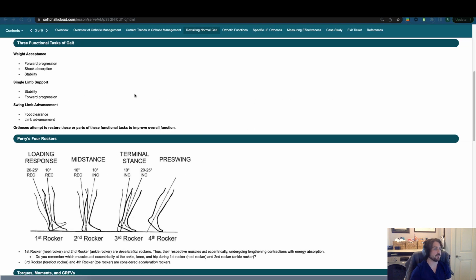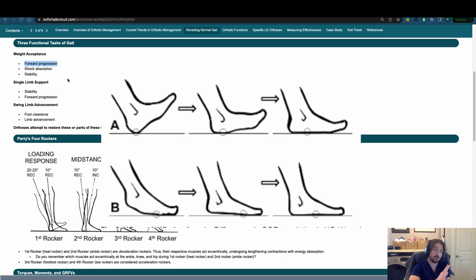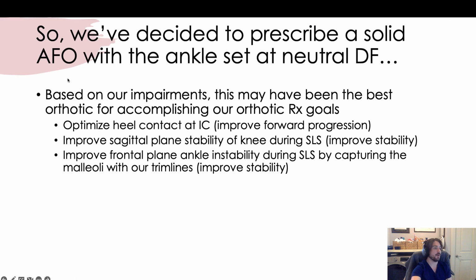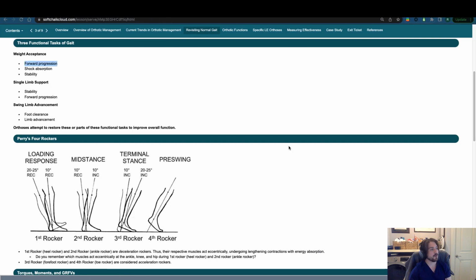Why do we do that? We are trying to improve forward progression. If we have a nice landing of our heel, then that is going to facilitate a nice rollover, and we're going to have good forward progression there. All right, so same thing with improving our sagittal plane stability of the knee during single limb stance. We are trying to optimize stability as a goal within the functional task of single limb support of gait.